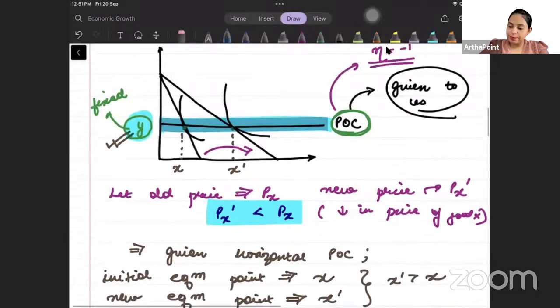Whether I am at point A or point B, the consumption of Y is the same. Price of good Y is the same. So price into consumption of Y will also be the same. It means that expenditure on good Y is the same. Whatever we spend on good Y at the two points, point A and point B, the expenditure on good Y is the same.